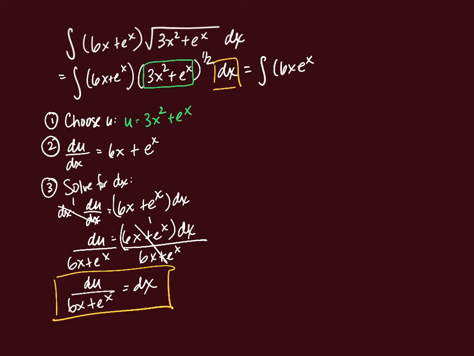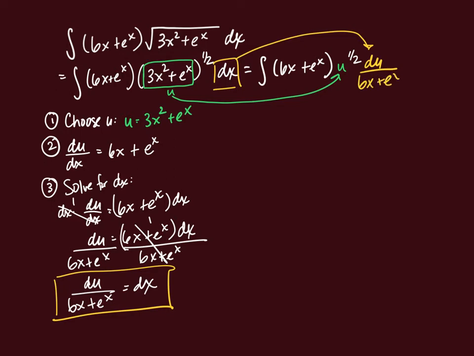Oops, I forgot my plus sign in there. Okay, and remember, this is my u, so that gets replaced, and it's to the 1/2 power, and then I replace my dx with du over 6x plus e to the x, and so that was the start of step 4. 6x plus e to the x, I have 1 in a numerator, 1 in a denominator, so that reduces to a simplest term of 1.